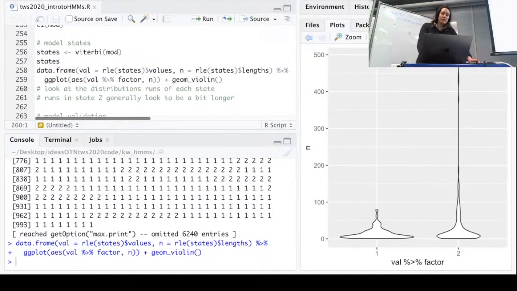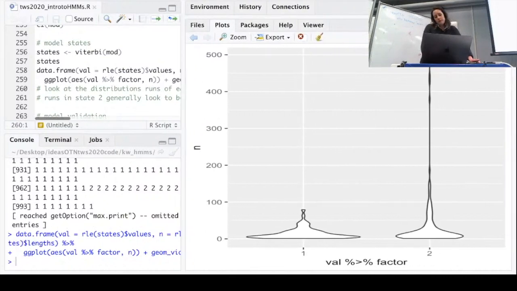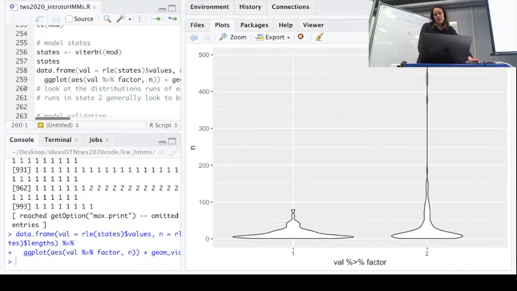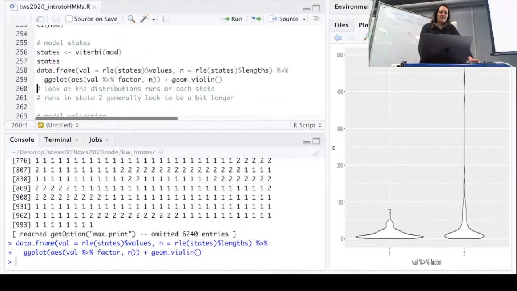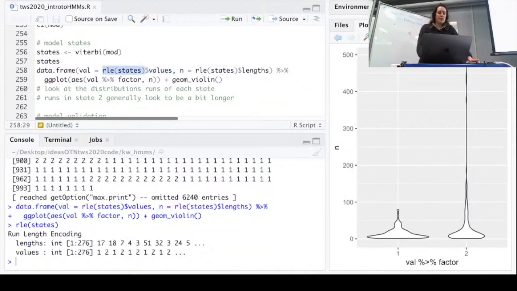Then I like to look at violin plots, also something Rob taught me. Right here what I've done is I've taken the RLE of the states. What RLE does is it calculates the lengths of runs of each value.